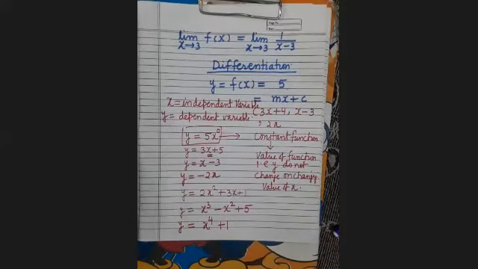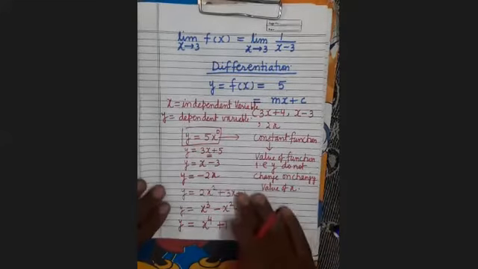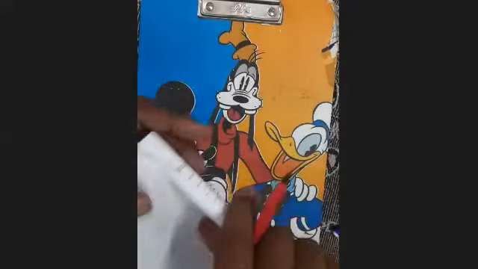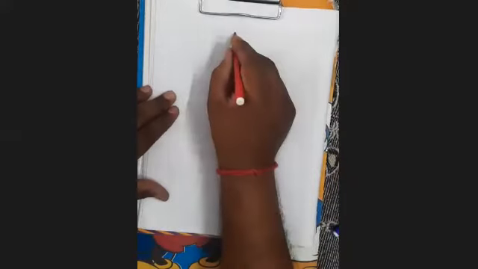Now if you draw the graph of this, it will be of what type?